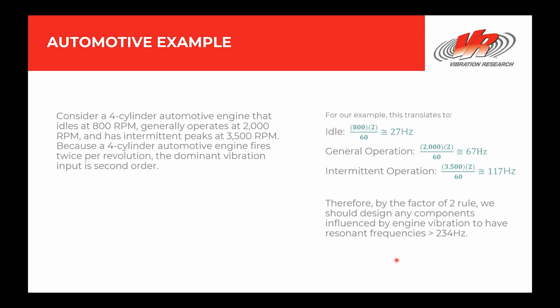So by the factor of 2 rule, any components that are going to be influenced by the operation of the engine should have resonant frequencies that are 2 times 117, or they should be greater than 234 hertz. If you're above 234 hertz in this 4-cylinder automotive engine, brackets, controllers, whatever is hanging off the engine, you want to make sure that that resonant frequency is greater than 233 hertz.